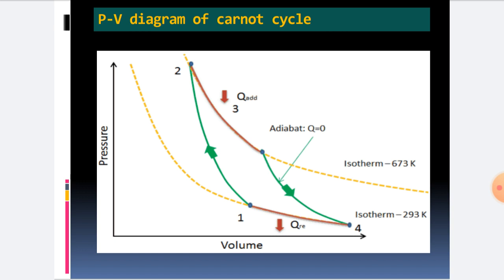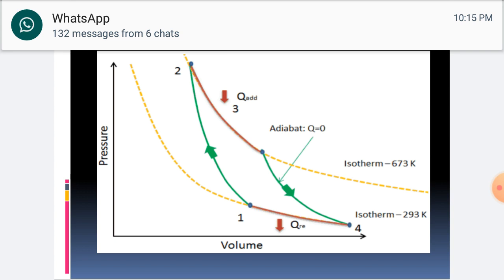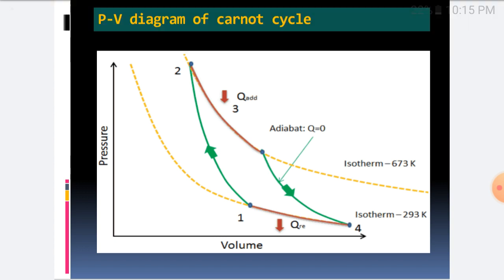And the fourth one, reversible adiabatic compression. The cylinder is removed from the sink and is once again placed inside the insulating jacket. The gas is then compressed adiabatically and reversibly till the volume becomes equal to initial volume. During this process, the temperature of the gas also increases from T1 to T2.